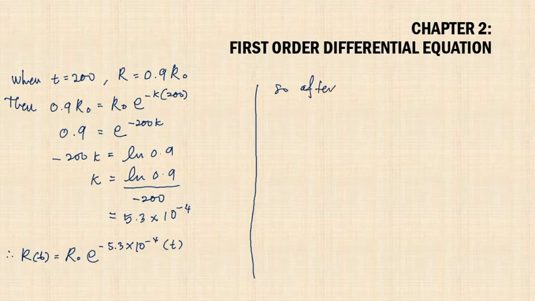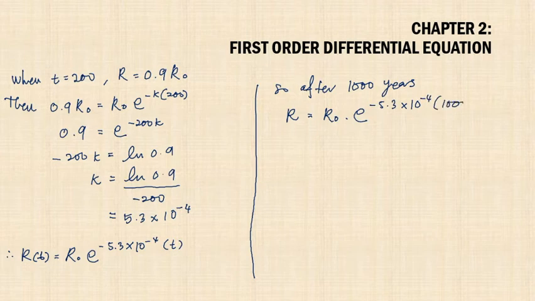So after 1000 years, R equals R naught times e to the power of negative 5.3 times 10 to the power of negative 4 times 1000. We substitute the value t of 1000, and we have 0.6 of R naught.